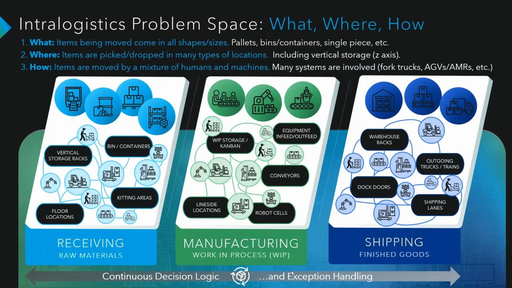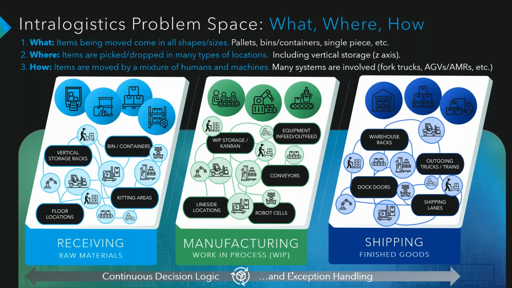So if we are talking about now introducing automation into intralogistics, whether it be through autonomous mobile robots or ASRS systems or WMS systems or conveyors, you name it, any piece of automation, you're going to want to be able to keep the system up and moving, and you want to automate the process end to end as much as you possibly can.